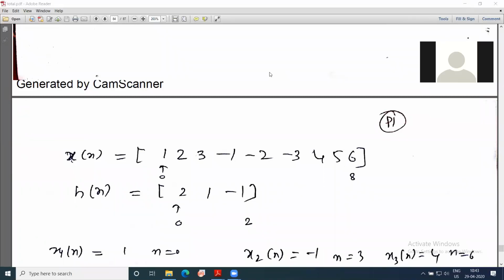Three. Okay, so now we'll discuss another example in which you have an odd number of data. Suppose this is the example.